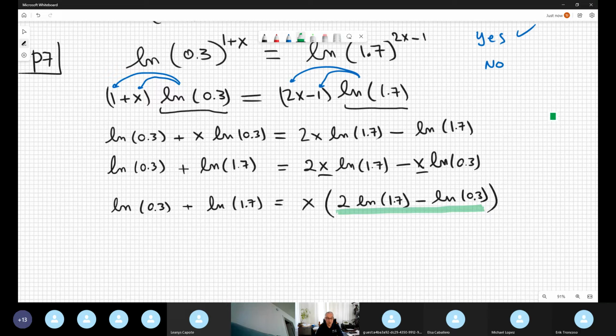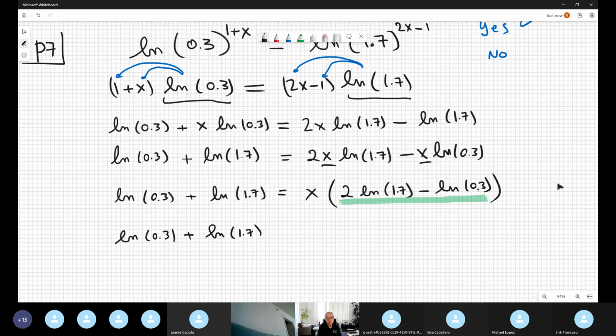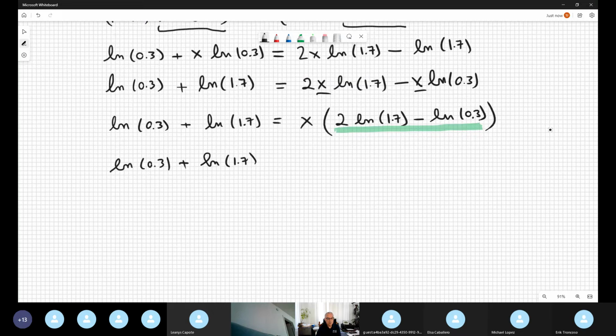I don't want to copy. And so we have x equals natural logarithm of 0.3 plus natural logarithm of 1.7 divided by 2 times natural logarithm of 1.7 minus natural logarithm of 0.3. Do you follow me? Is it clear or no?